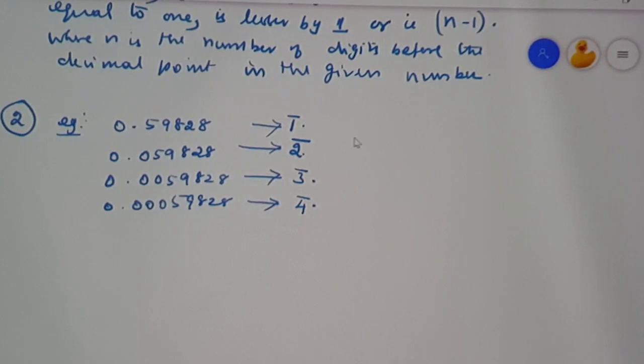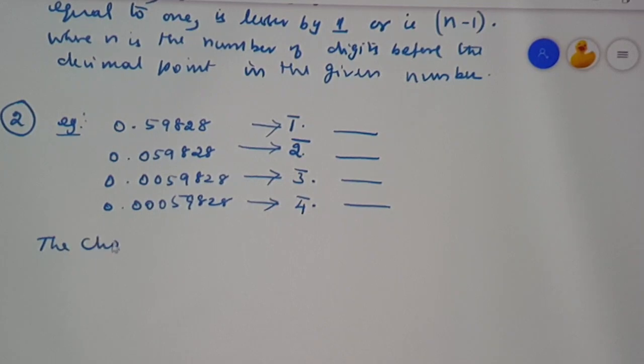And after this, I have to write what? After this, I have to write the value from the log table. So for this also, I can write a rule. How can I write a rule?